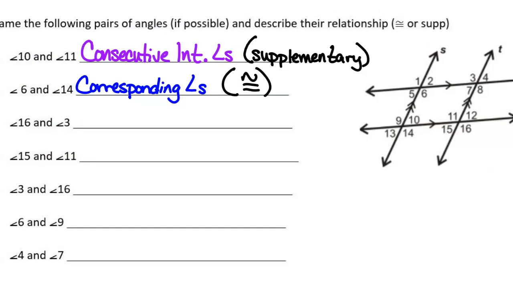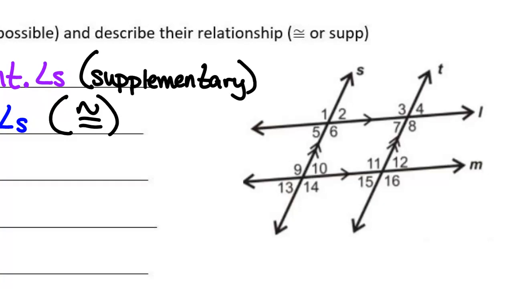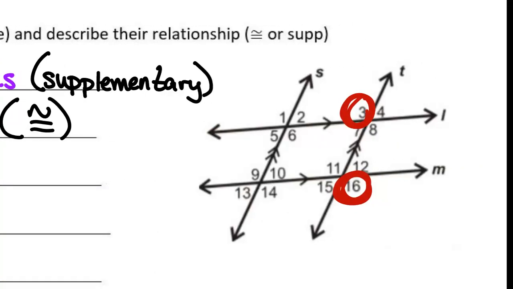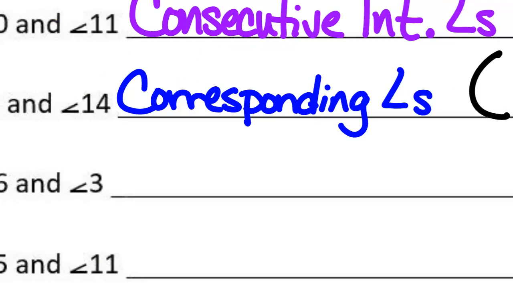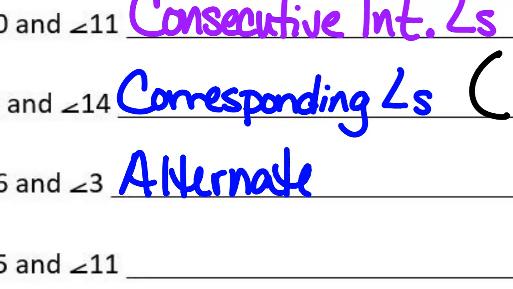All right, 16 and 3. 16 is here. 3 is here. What's the transversal that connects them? T. Same side or opposite sides of the transversal? Opposite sides of the transversal. What word do we use when they're on opposite sides? Alternate. So it's alternate something.